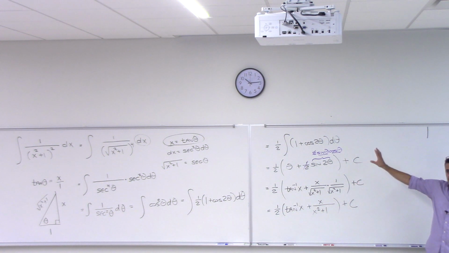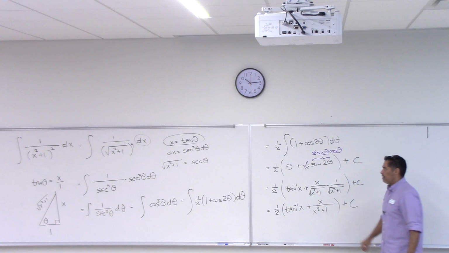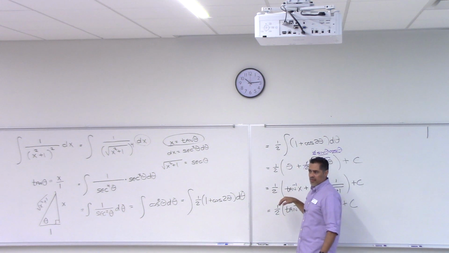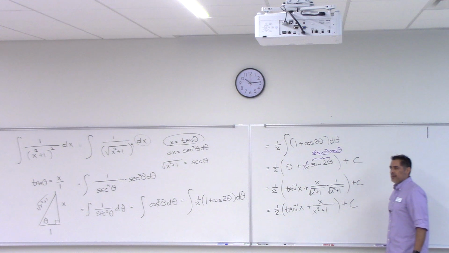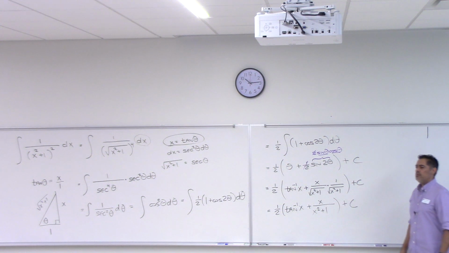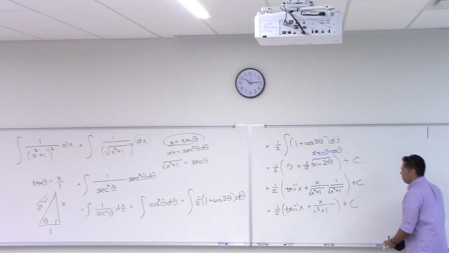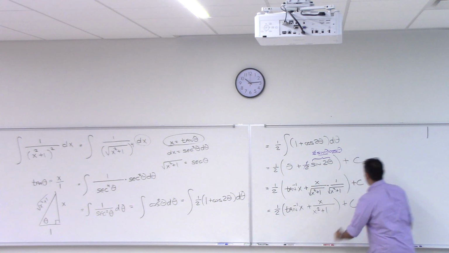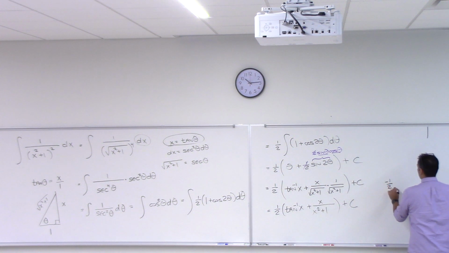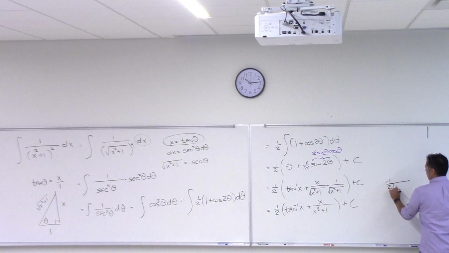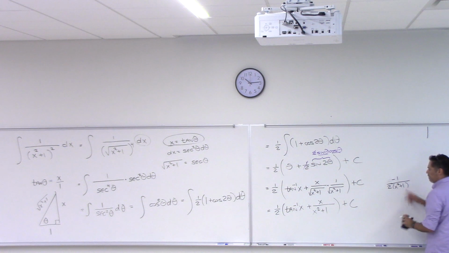There was another part that I erased. Earlier, I had the first half of the answer. It was negative 1 over 2 times the quantity x squared plus 1. So just throw in front of that negative 1 over 2 times x squared plus 1. That goes in front of this.